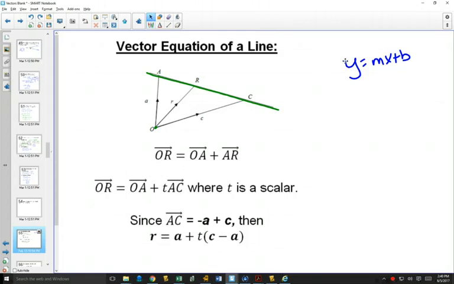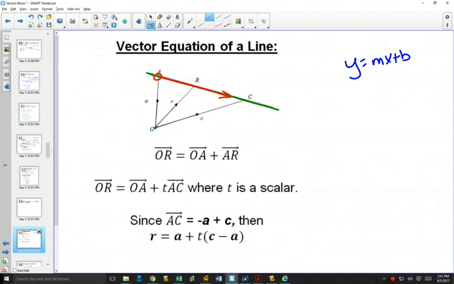So in this case, let's think about point A. That is the point on that line. And this vector, this green line, is going in the direction of A to C. Since C is another point on the line, does it make sense that A to C is the direction that the vector is going in?